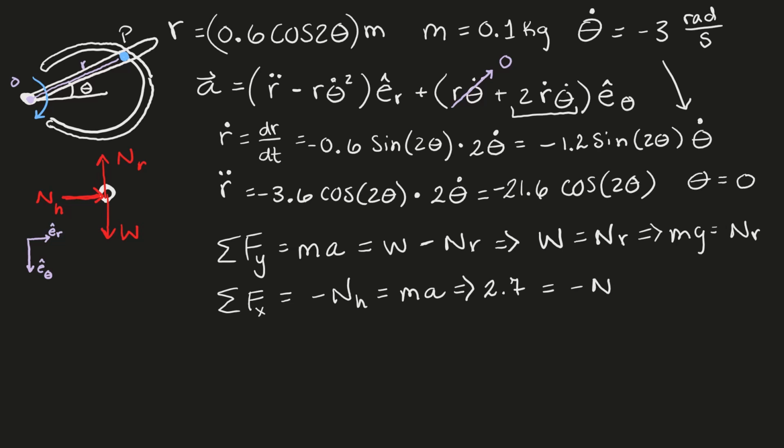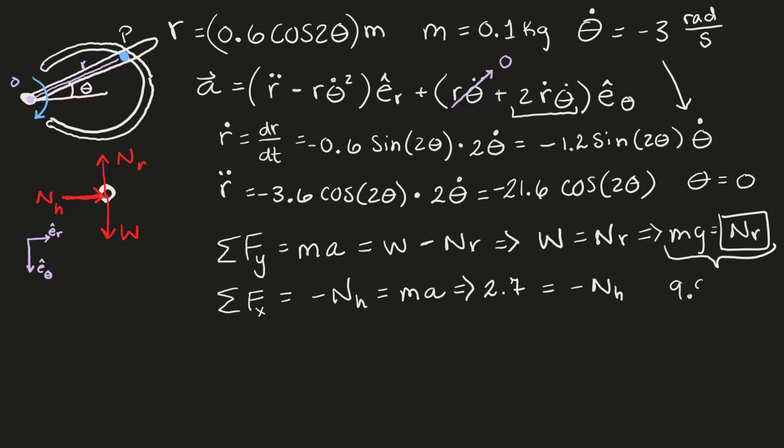Alrighty, well, now we have a bunch of stuff that doesn't immediately seem super related to each other. So what's our goal? Our goal is to find N_r, right? And we just said that N_r equals mg.